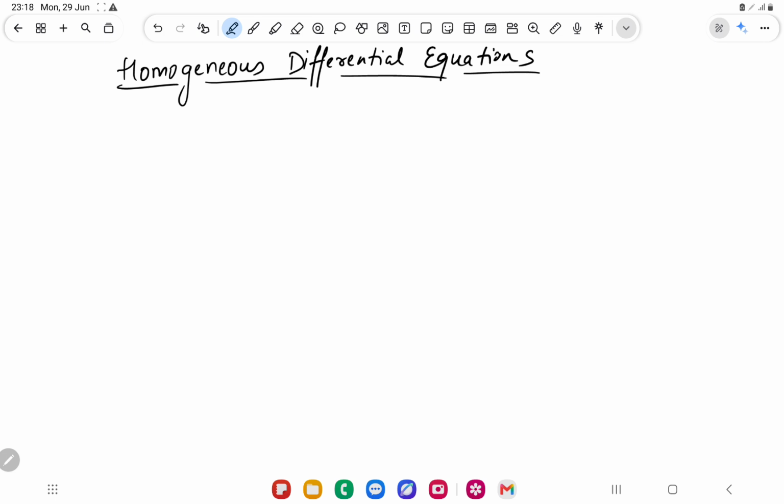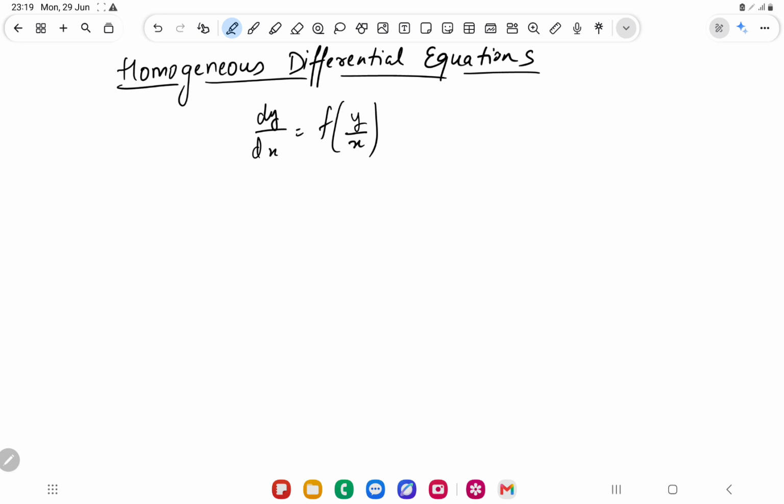Now another very important form is the homogeneous differential equation. So whenever you have a form like this, dy by dx as a function of y upon x, where you cannot separate the variables, this is your homogeneous differential equation.